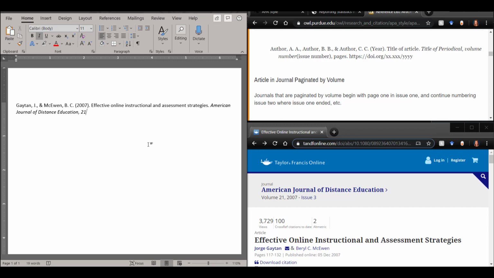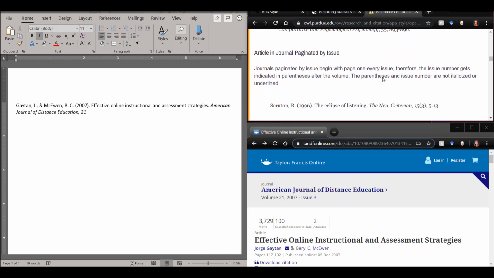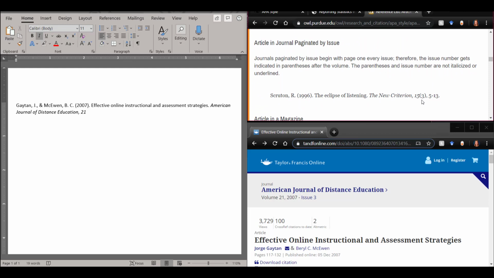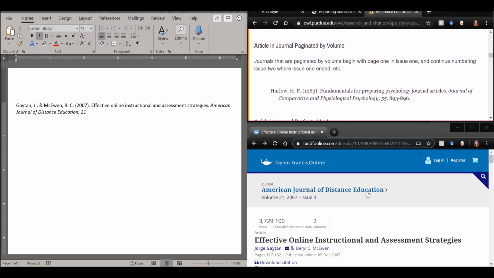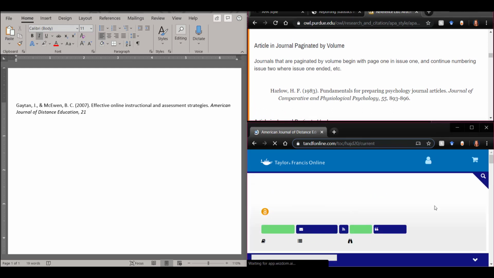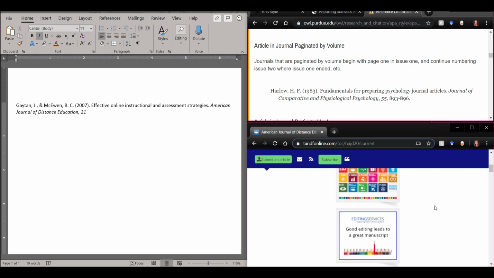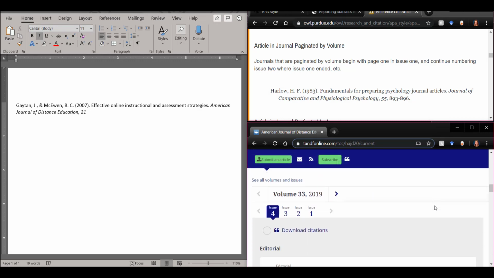But wait, I don't actually know if I need to put a comma there, or if I need to have an issue number, because I haven't yet determined if the pagination is by issue or by volume. So how do I do that? Well, I'm just going to go to the journal's homepage, and I'm going to see what the current issue is, which looks like 2019 issue 4.